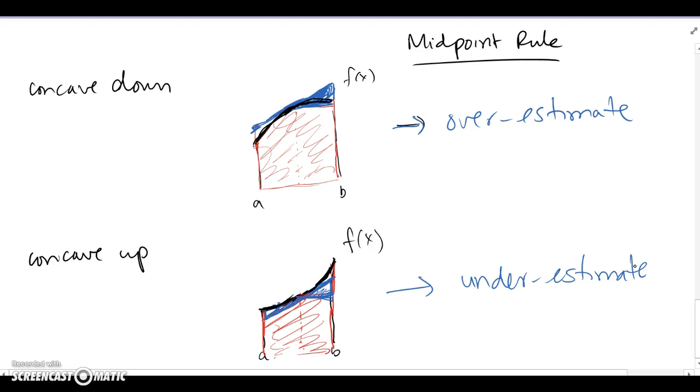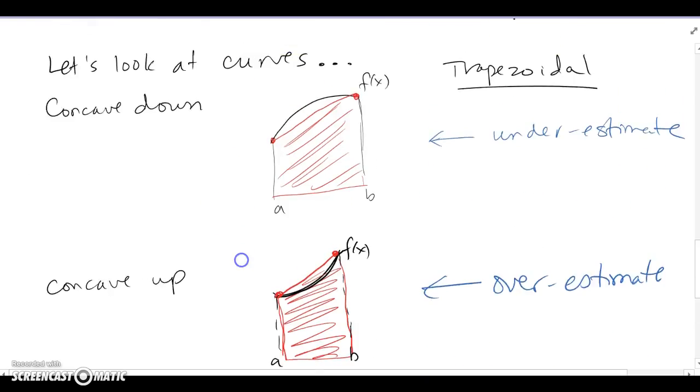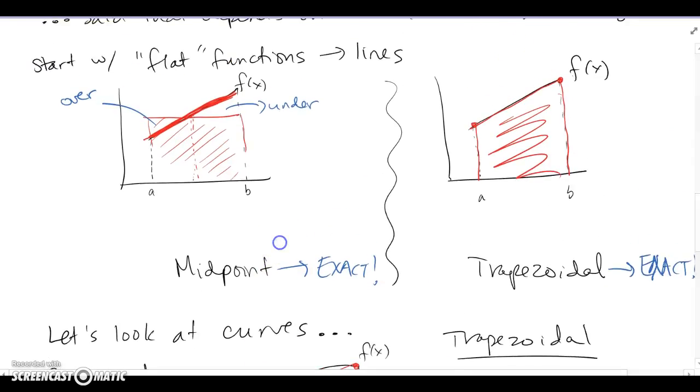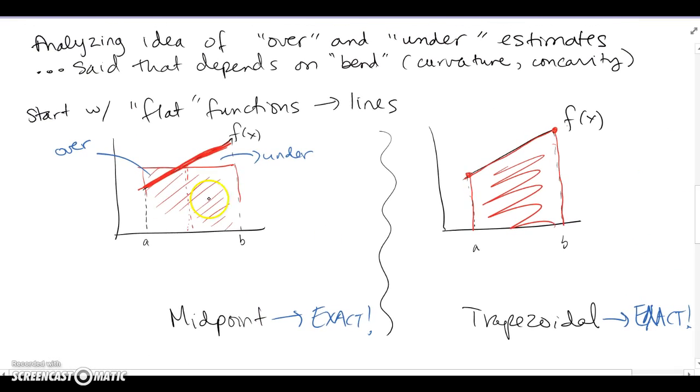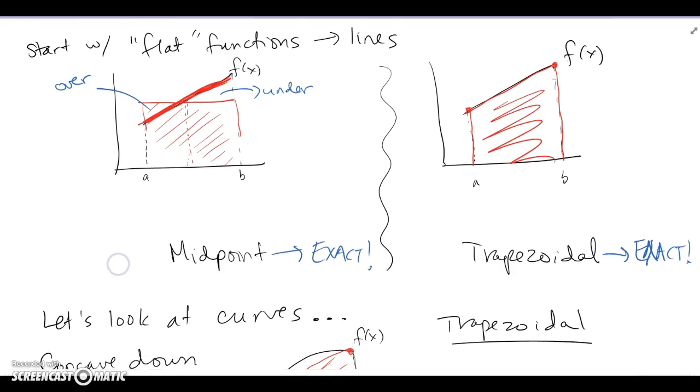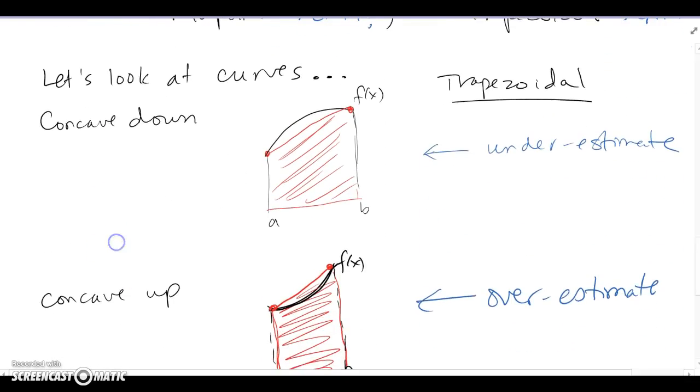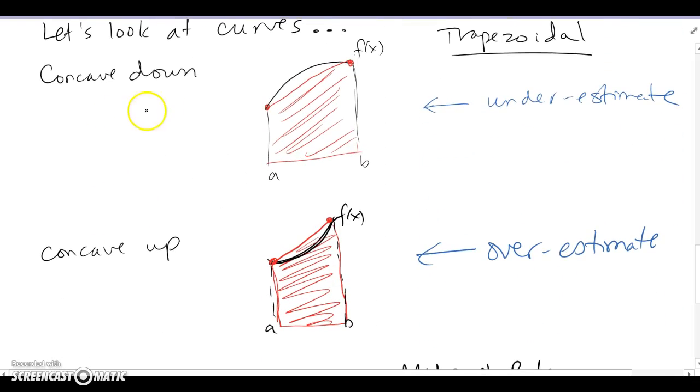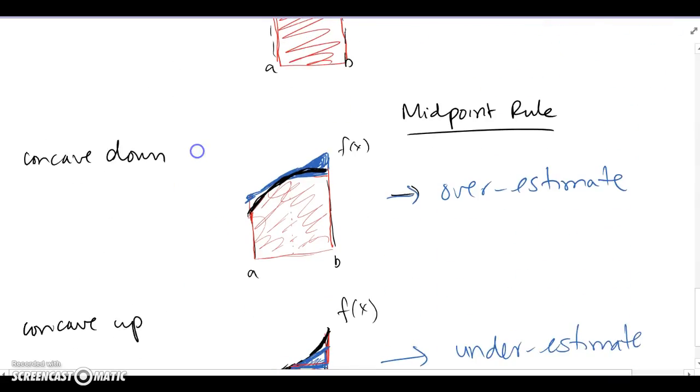So overall, recap. Let's go back up. If we're dealing with lines, both midpoint and trapezoidal rule will give us exact values. There isn't going to be any error. If we're looking at curves, for concave down, underestimate for trapezoidal, concave up, overestimate for trapezoidal.